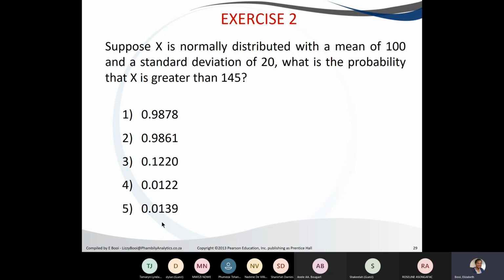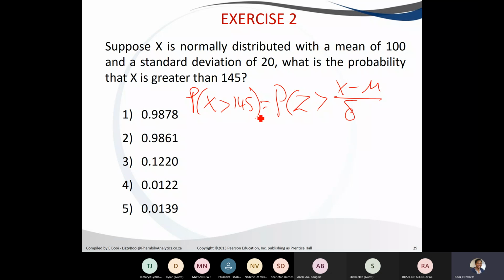So we want to find the probability that X is greater than 145, which is given by the probability that Z will be greater than X minus the mean divided by the standard deviation.